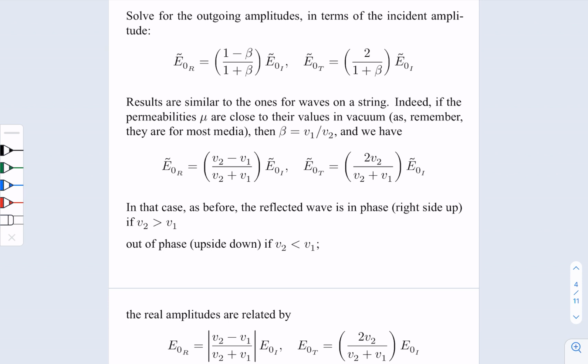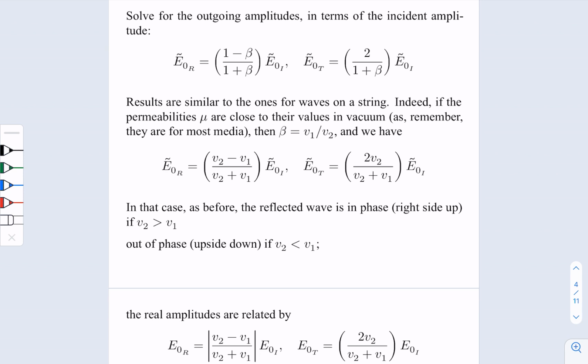Indeed, they are actually identical to each other if we make the approximation of mu being the same. Well, then everything that we discussed for the motion of this string can be applied here.